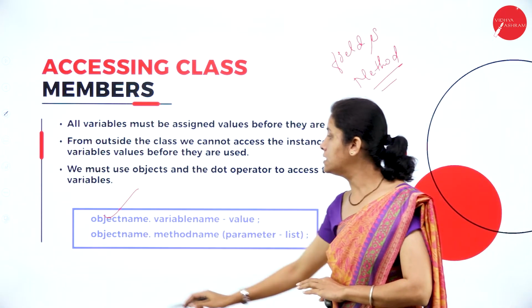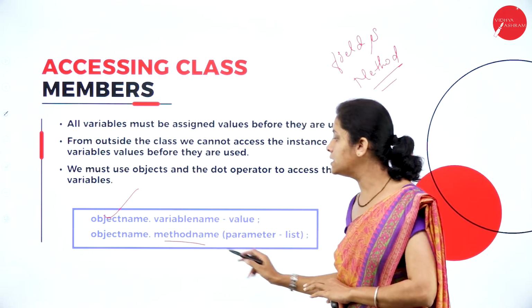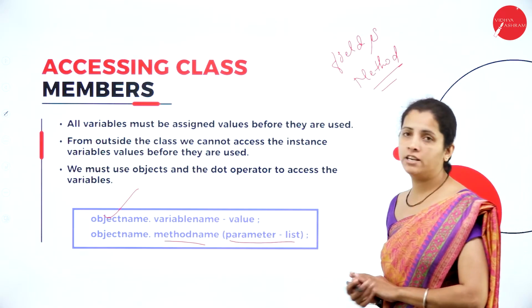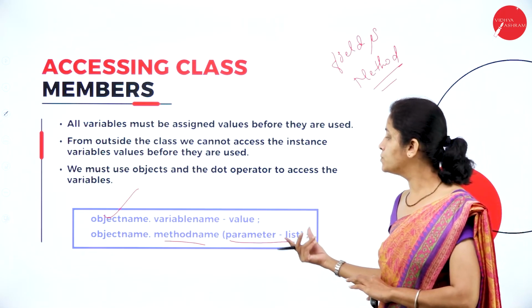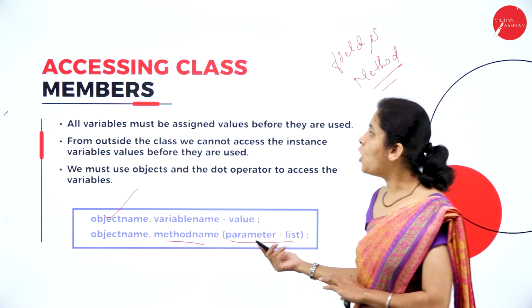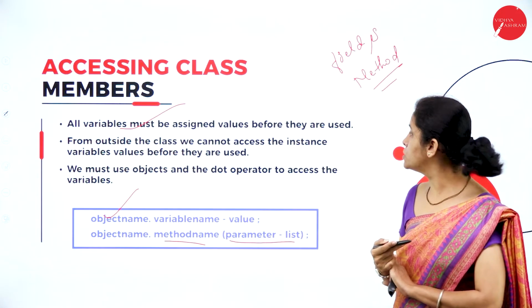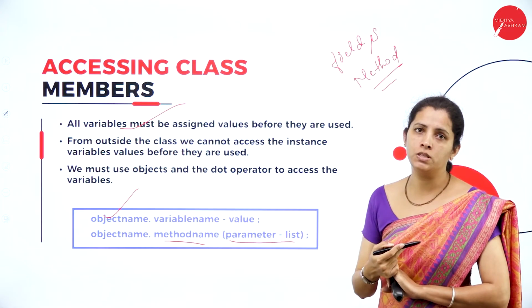For the methods, object dot method name, and if I want to pass any parameters, then I specify them here. All the variables must be assigned values before they are used.